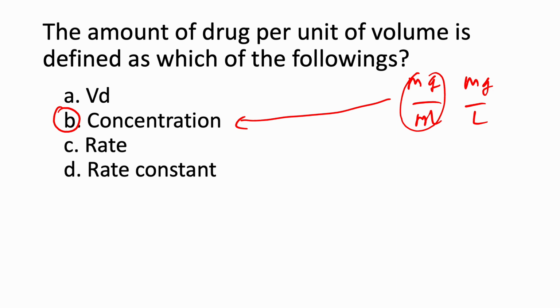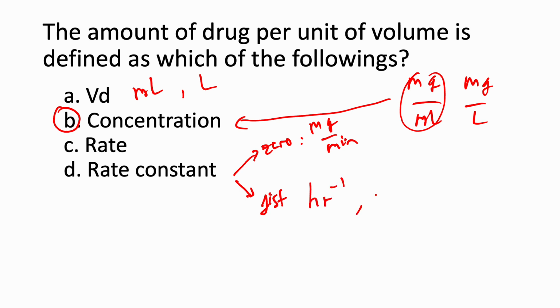Volume of distribution should have a unit of milliliter or liter. The rate has no unit. For the rate constant, if it is zero order, it will be mass per unit of time, for example milligram per minute or milligram per hour. If it's first order kinetics, the unit will be inverse of time, for example per hour or per minute.